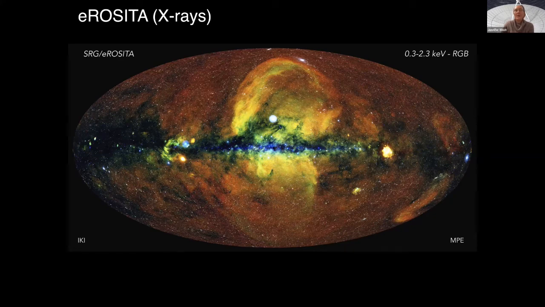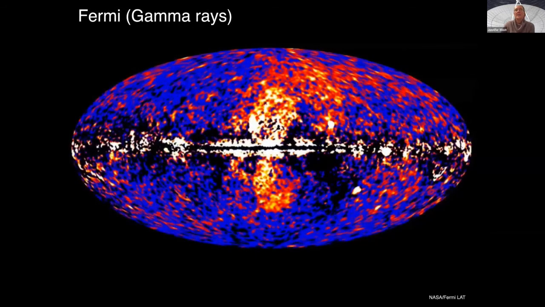And you may know that we think that there is a very massive black hole at the center of our galaxy. And when we look at our galaxy in gamma rays, which are even more energetic than X-rays, we actually see these two bright blobs that are coming from the galactic center above and below the plane.